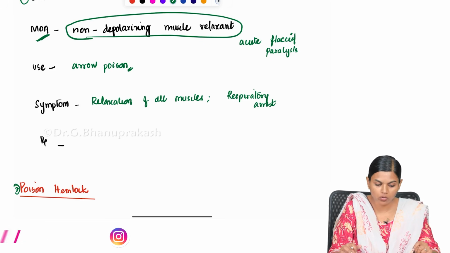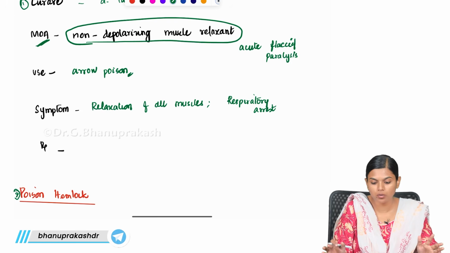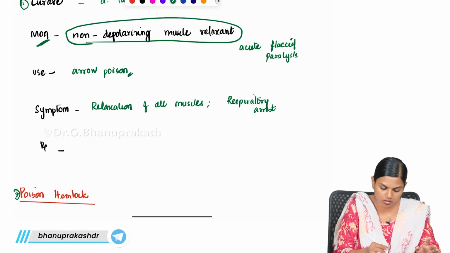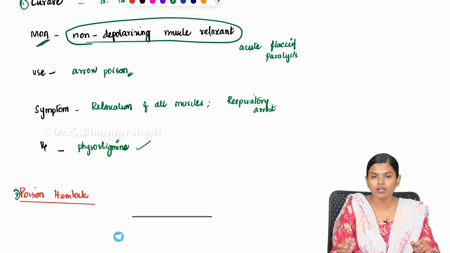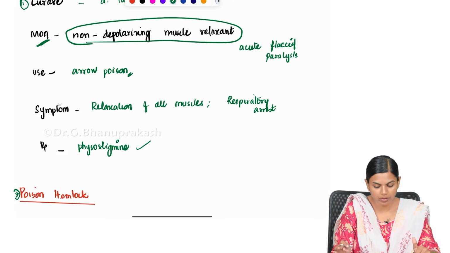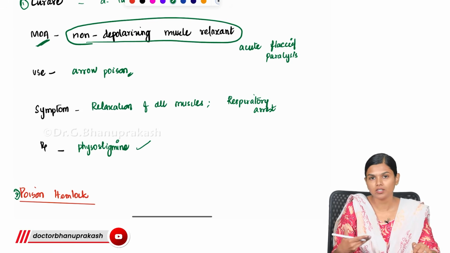And what is the treatment for curare? Since it is a non-depolarizing muscle relaxant, you can give physostigmine. It can reverse the relaxation action and relieve the symptoms. So treatment is mainly physostigmine, and you can try to reverse the relaxation action.